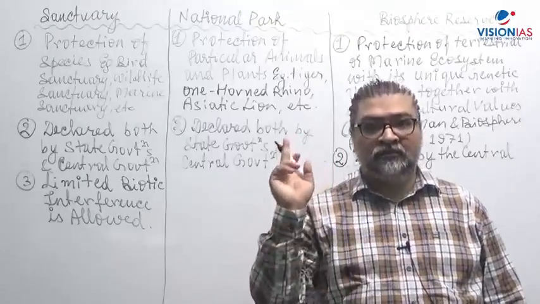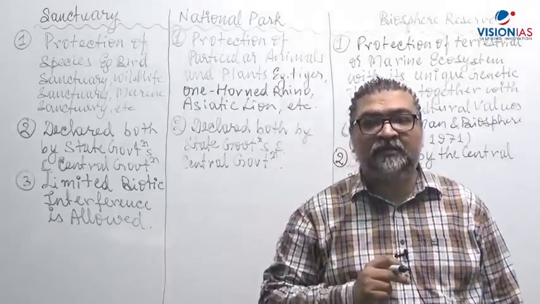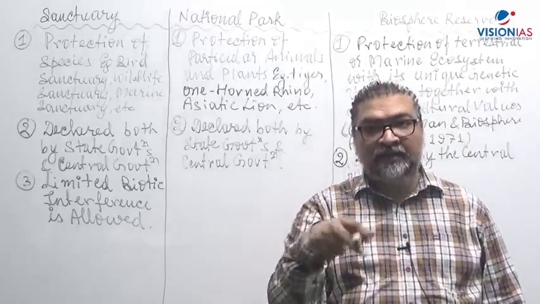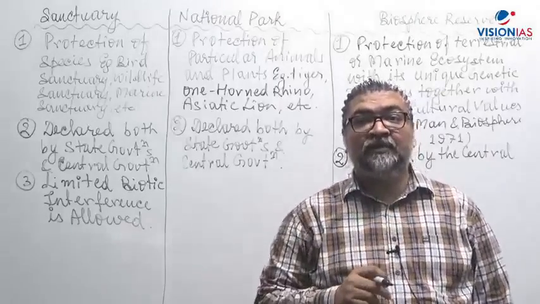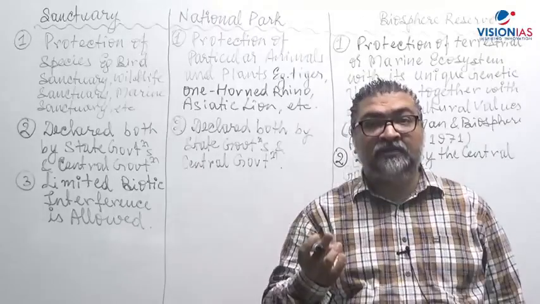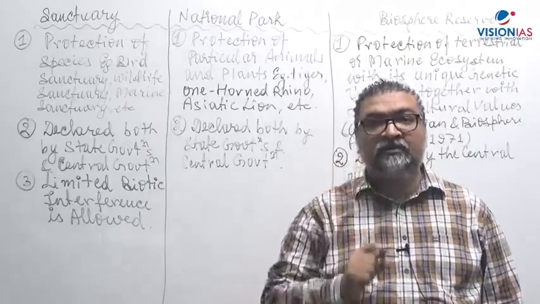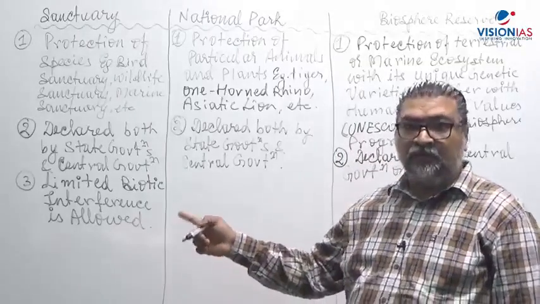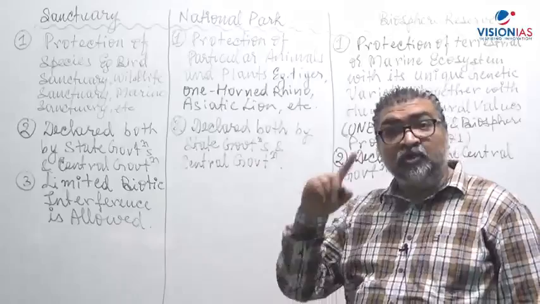Like Wayanad in Kerala, near Bandipur National Park, a very important forest area known for its wildlife. You have tigers and elephants found in that area. Controversy comes in terms of the sanctuary there. But when you have a national park, utmost protection is given.